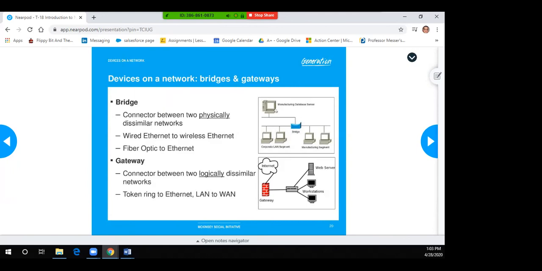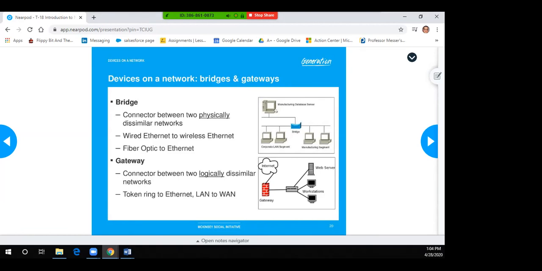A bridge will connect fiber optic to Ethernet, wired Ethernet to wireless Ethernet. Physically dissimilar, while this here is more in terms of how the technology is used, because token ring technology uses different devices. Ethernet uses different devices to connect, and the language is different.